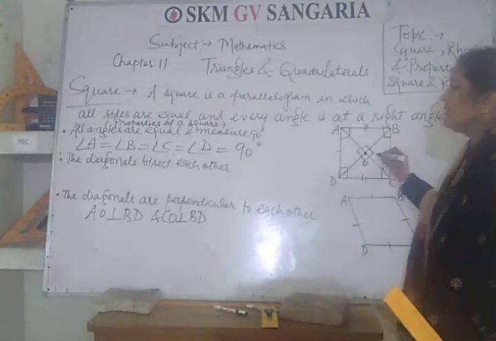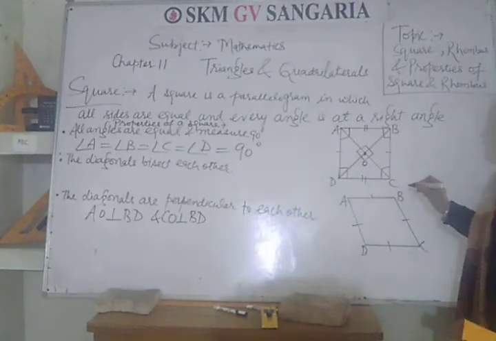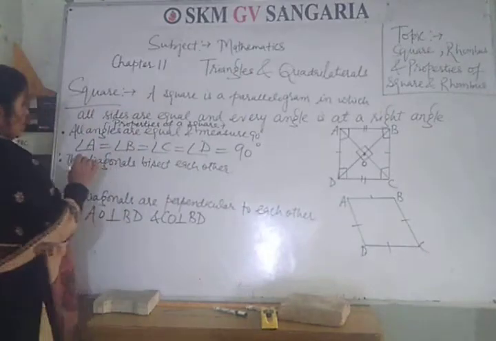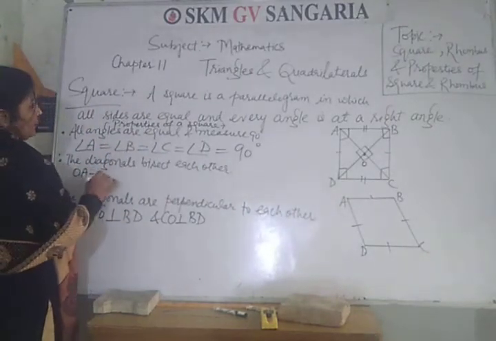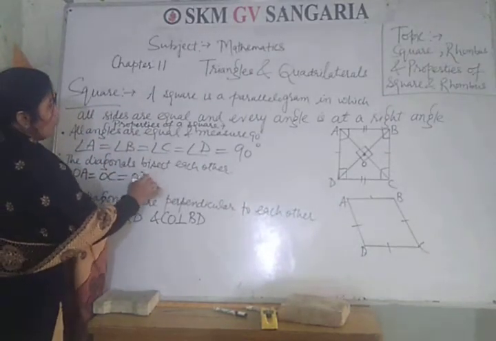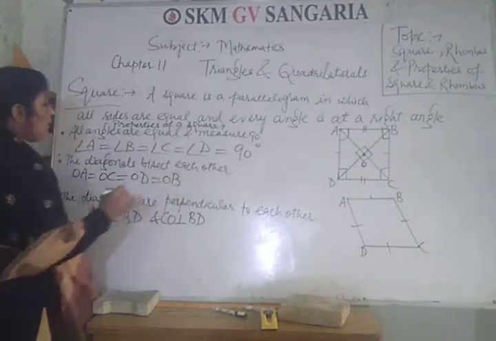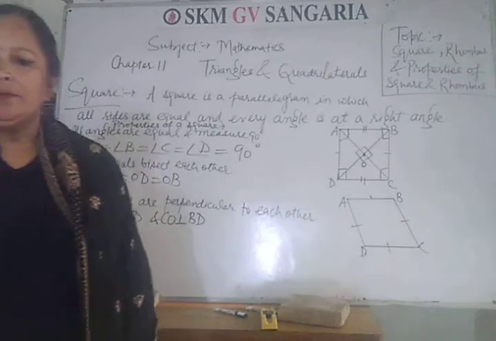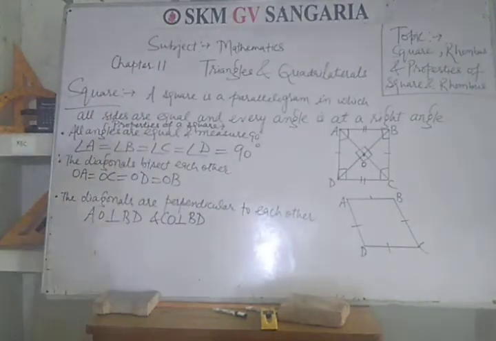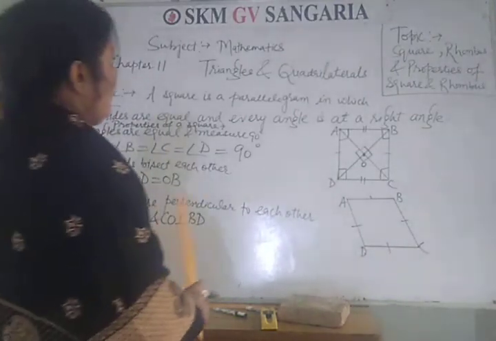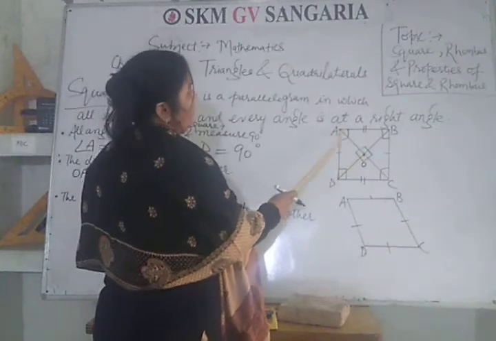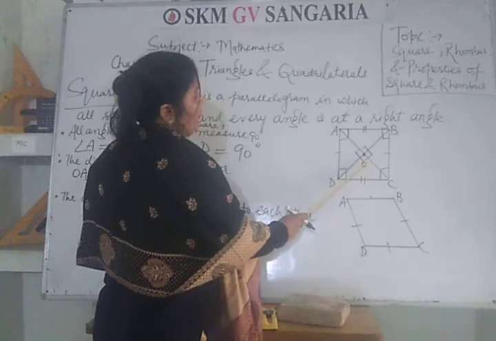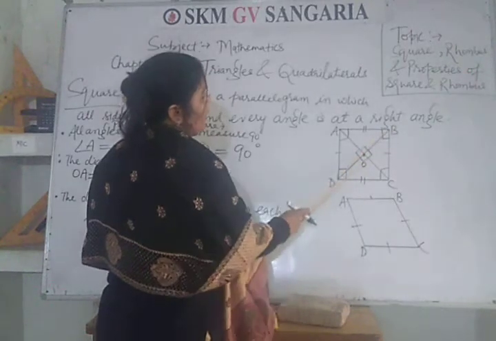The diagonals bisect each other such that OA is equal to OC is equal to OD is equal to OB. When diagonals bisect at a point, then OA is equal to OC, and DO is equal to OB.